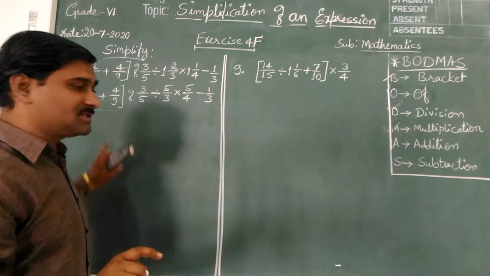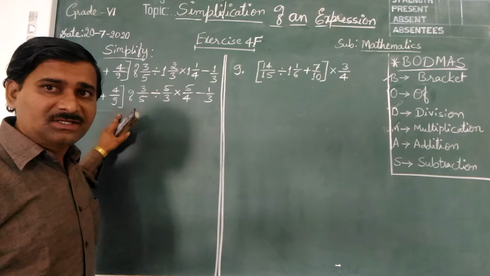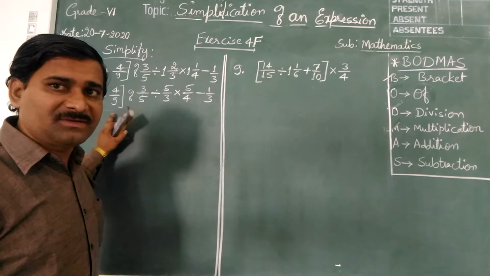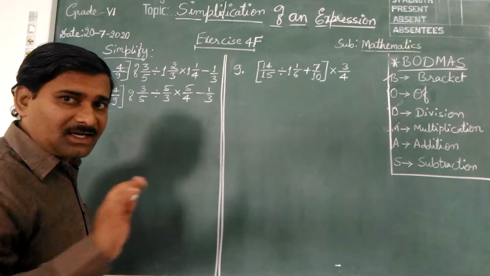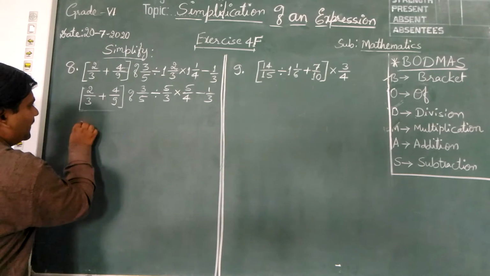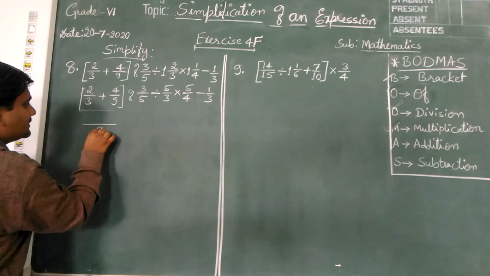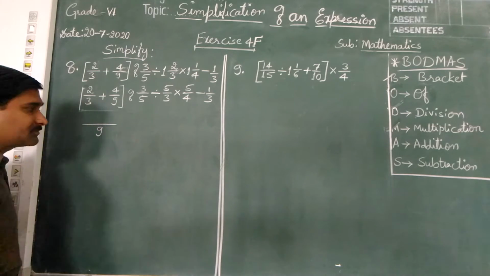Simplification of the bracket means add these two fractions. To add fractions we should take the LCM of 3 and 9. So the LCM of 3 and 9 is 9.